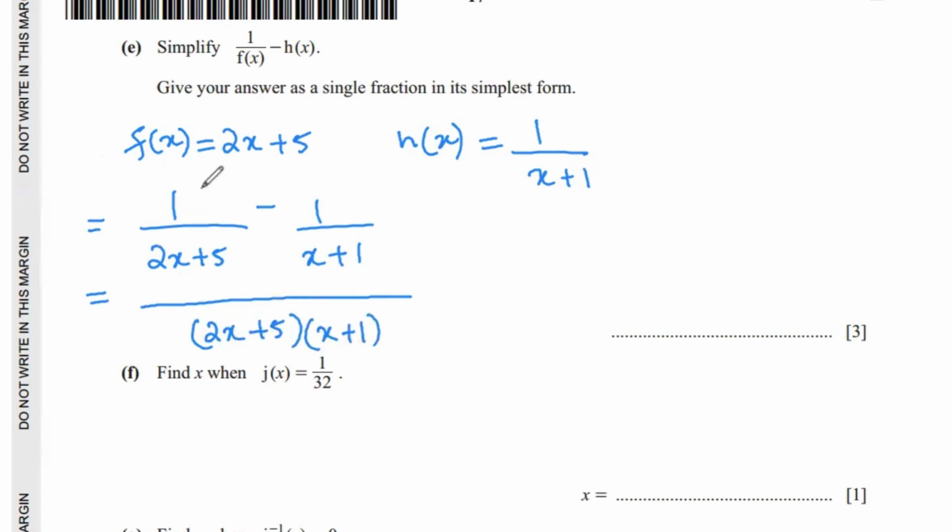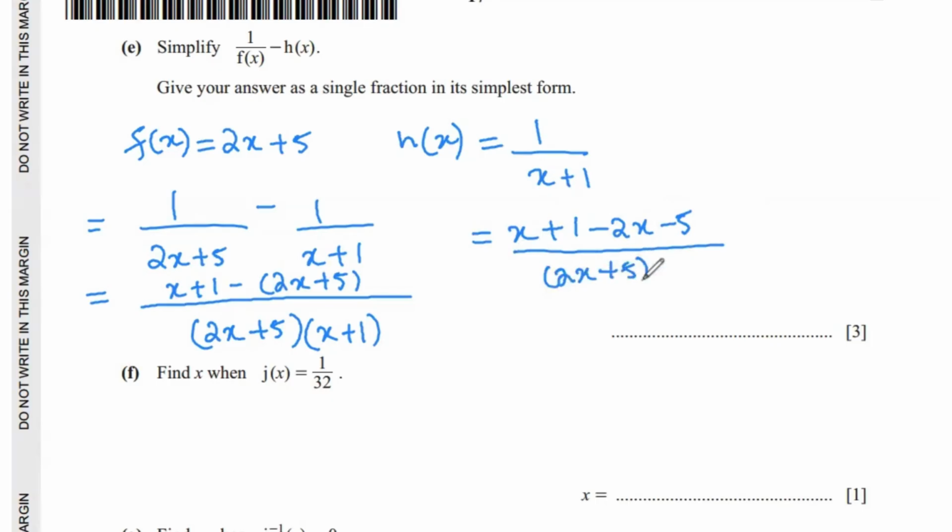So for that, we multiply the first fraction by x plus 1 and the second fraction by 2x plus 5. That gives us x plus 1 minus 2x minus 5 over 2x plus 5 times x plus 1, which is negative x minus 4 over 2x plus 5 times x plus 1. That's your answer.